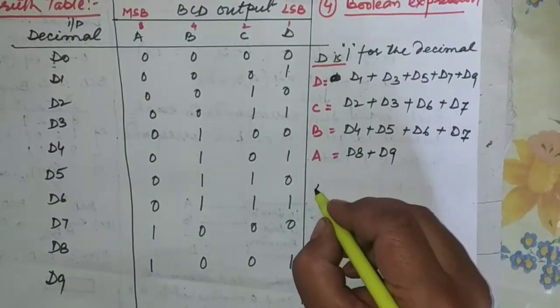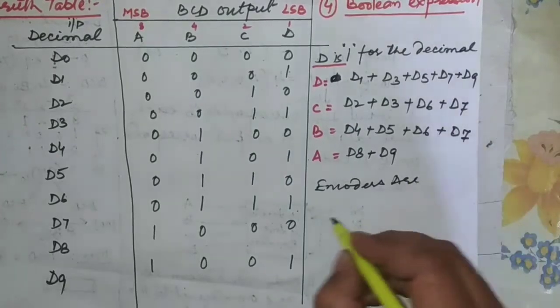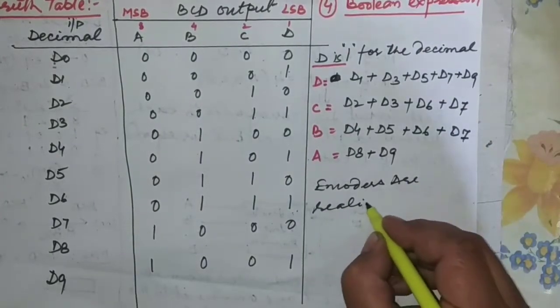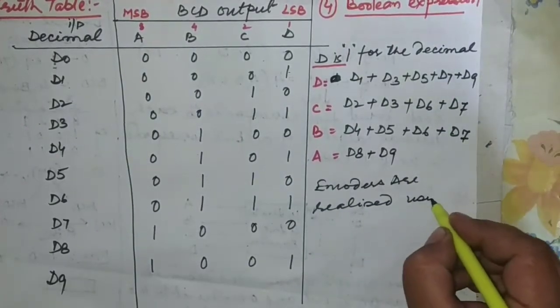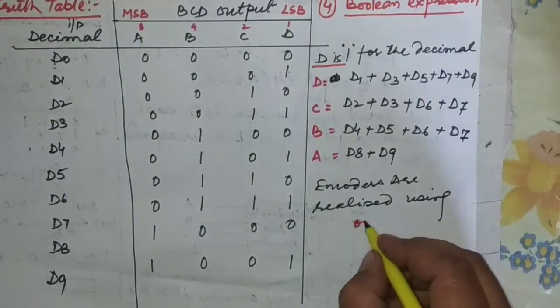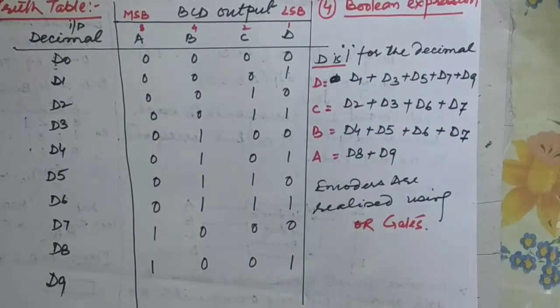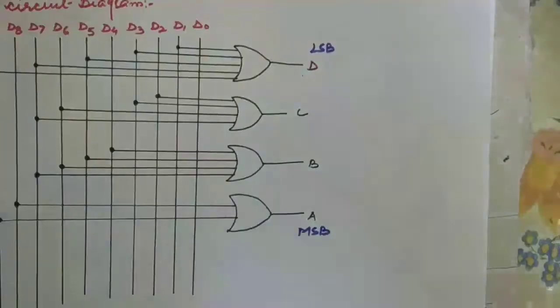And we know that encoders are realized using OR gates. So now we will draw its circuit diagram.